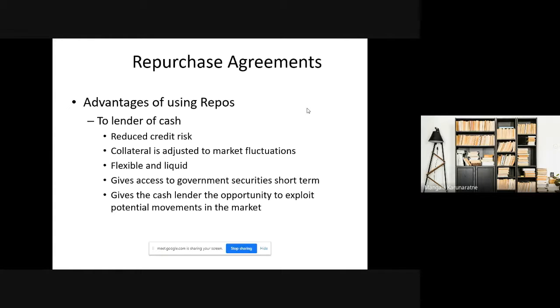I actually stress the point that when the market rates go up, the prices will come down, and the security value will come down, and due to that we need to top up securities, or we need to transfer more securities to the customer.